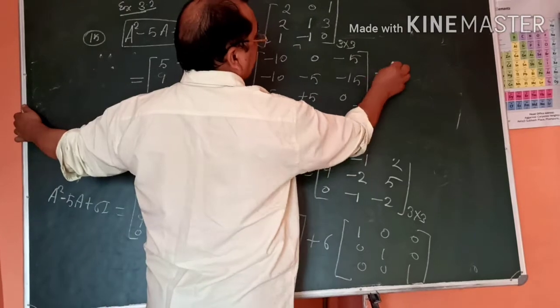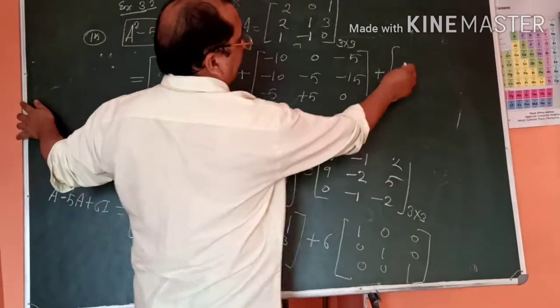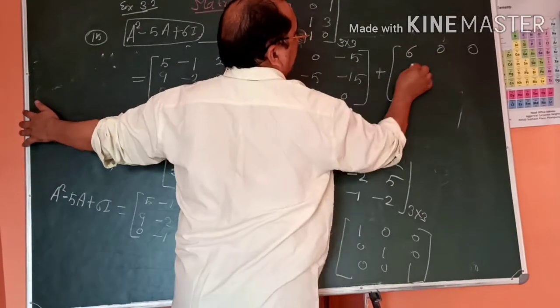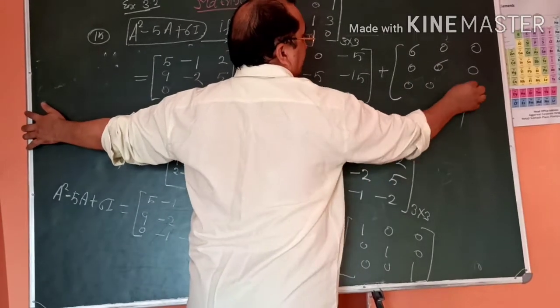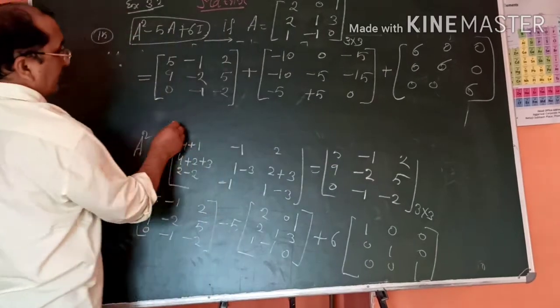And plus 6 to be multiplied here also: 6 0 0, 0 6 0, 0 0 6. And we can add all of them.